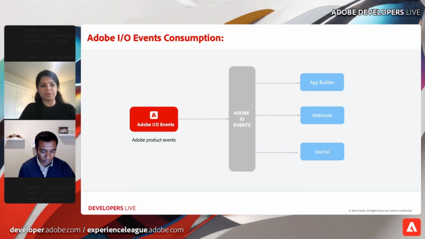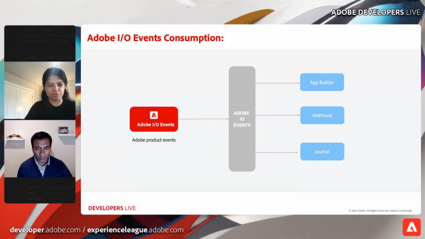Third is App Builder. So one is a push mechanism, one is a pull mechanism, and third is building custom native applications when subscribing to those events. And with App Builder, we also enable custom events. So people can develop their own application, and that application can emit events, which can be subscribed to.